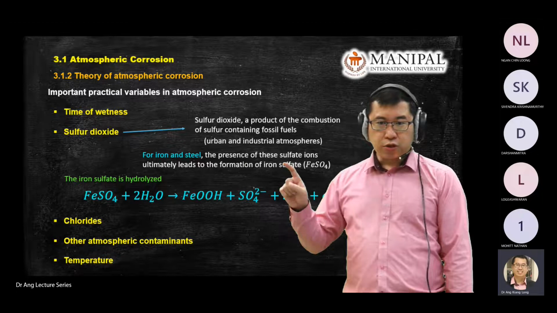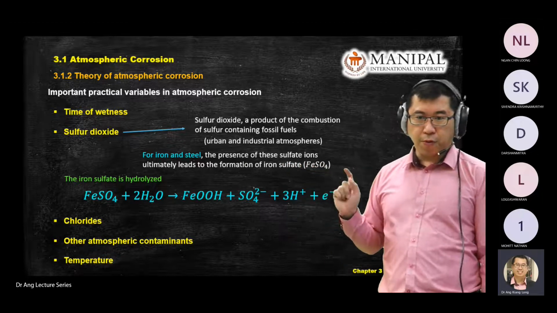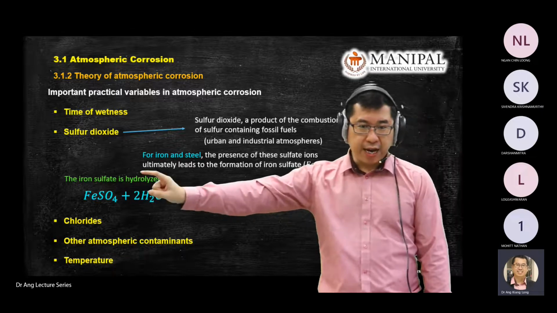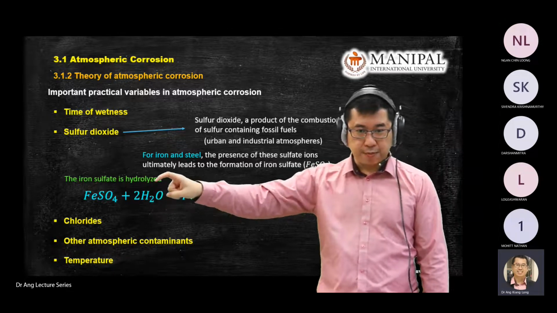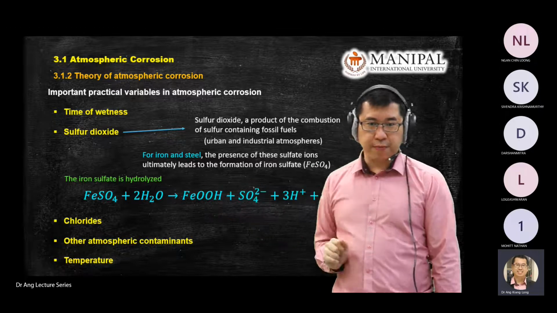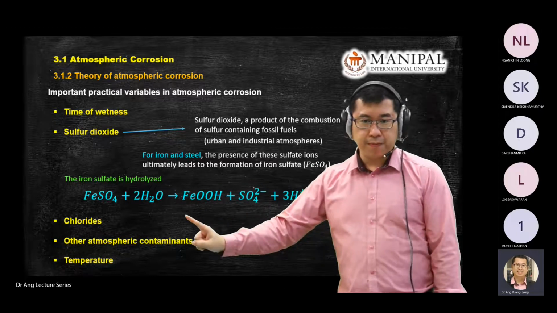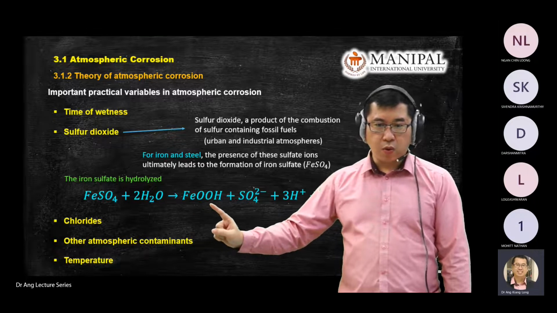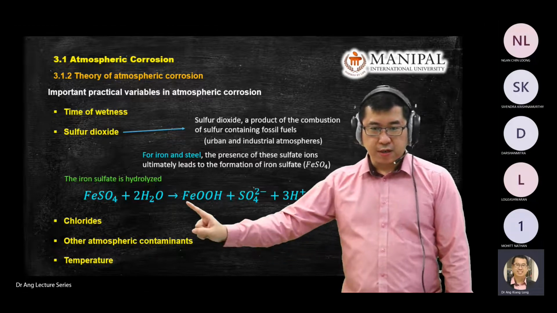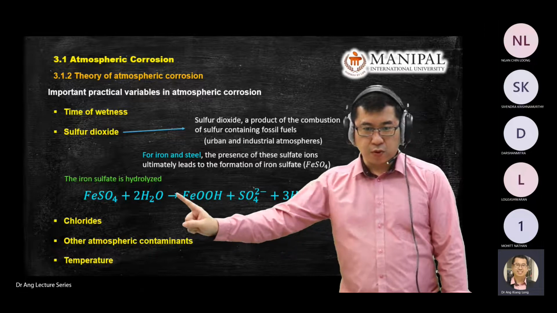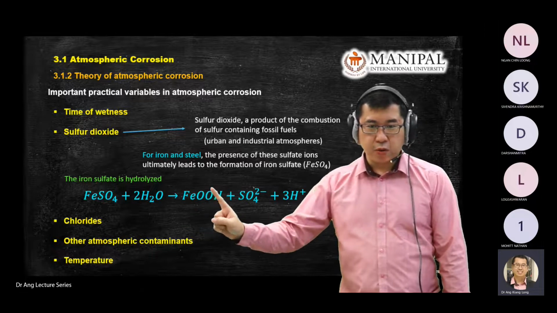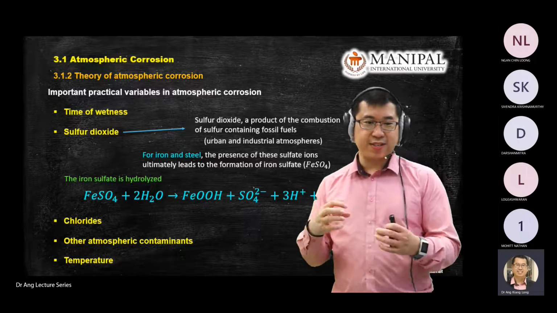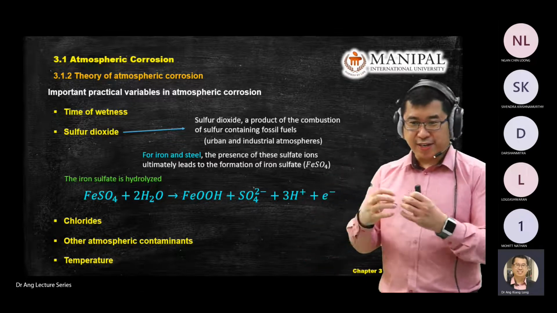So when iron sulfate, FeSO4, combined with the moisture in the atmosphere, FeSO4 plus the moisture, H2O in the atmosphere, you're going to form a new product. You get FeOOH, FeO one partner, OH one partner. You know that in chemical there's a covalence relaxation.